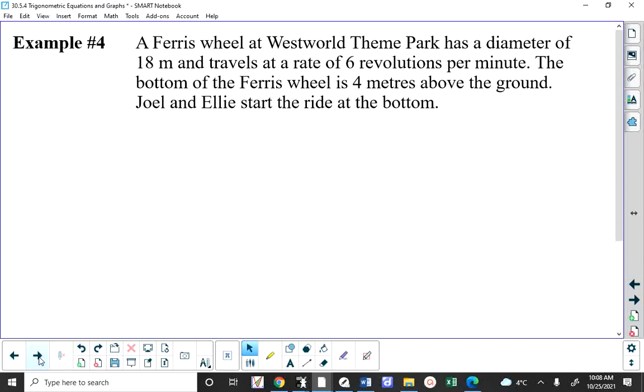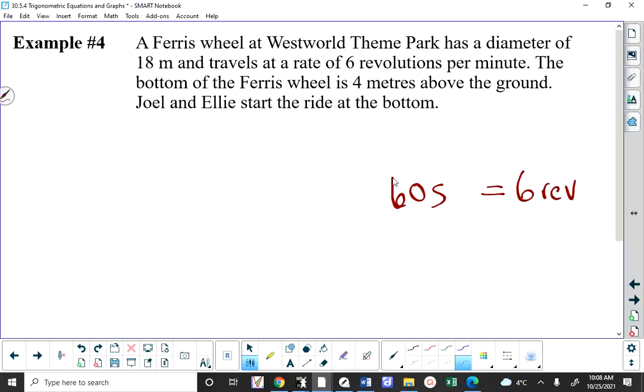Let's just break that down. Every 60 seconds it goes around 6 times. That's what that means. 60 seconds is equal to 6 revolutions. And we'll just park that away someplace where we can refer to it.